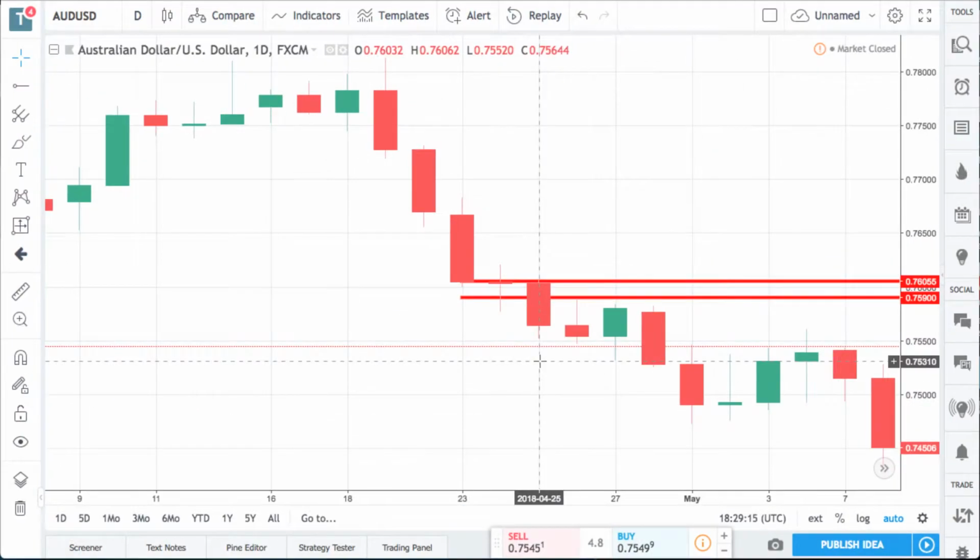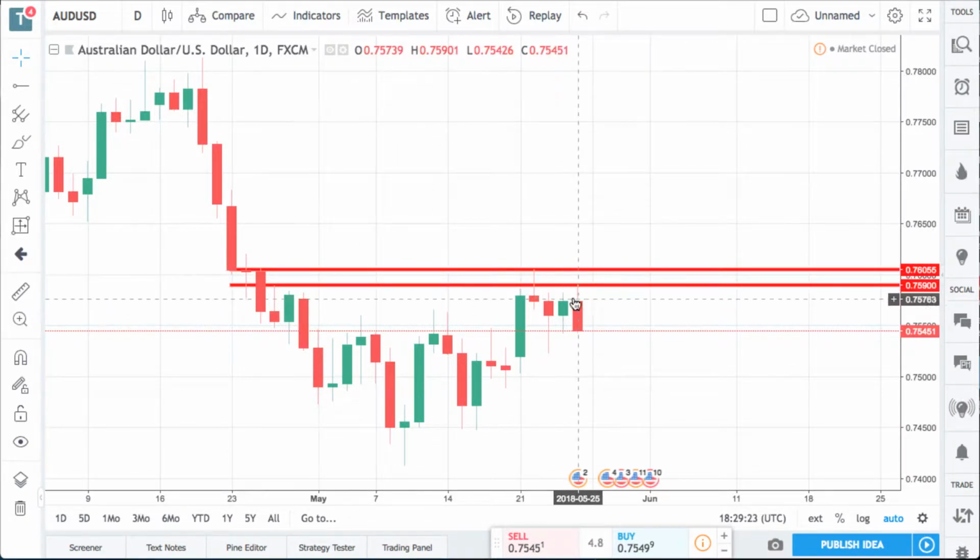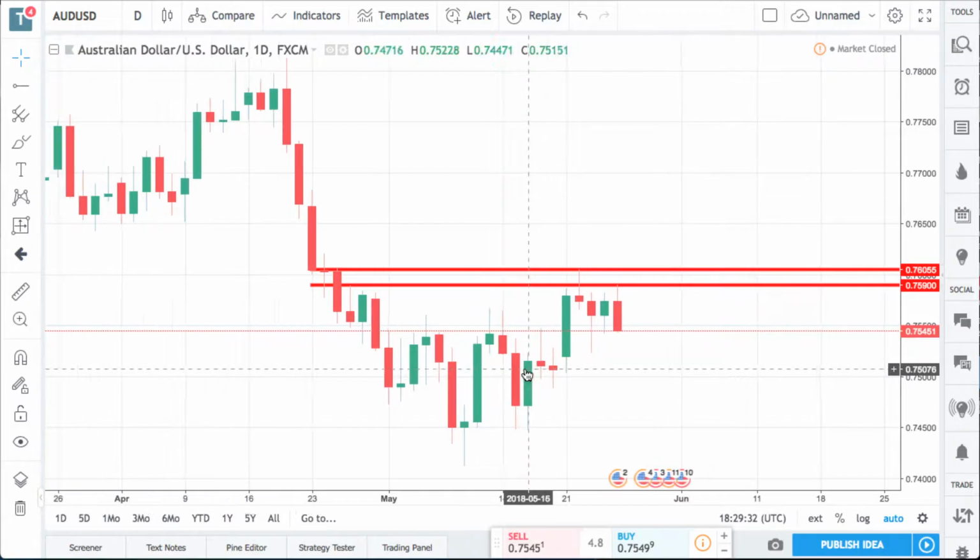Looking at it now, I should have actually, no, this is correct, because even now the calculation that I have for a fair value of Aussie dollar is roughly around the same price.